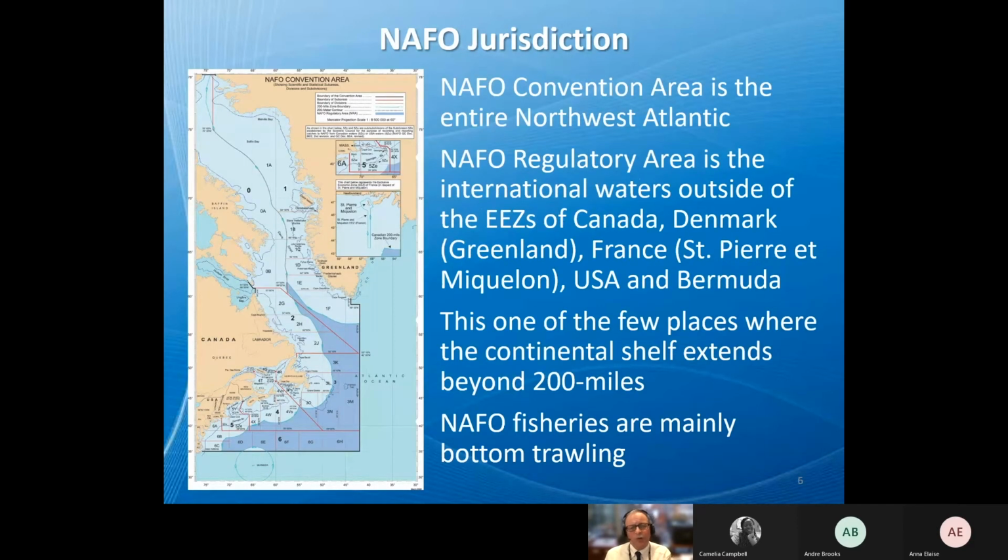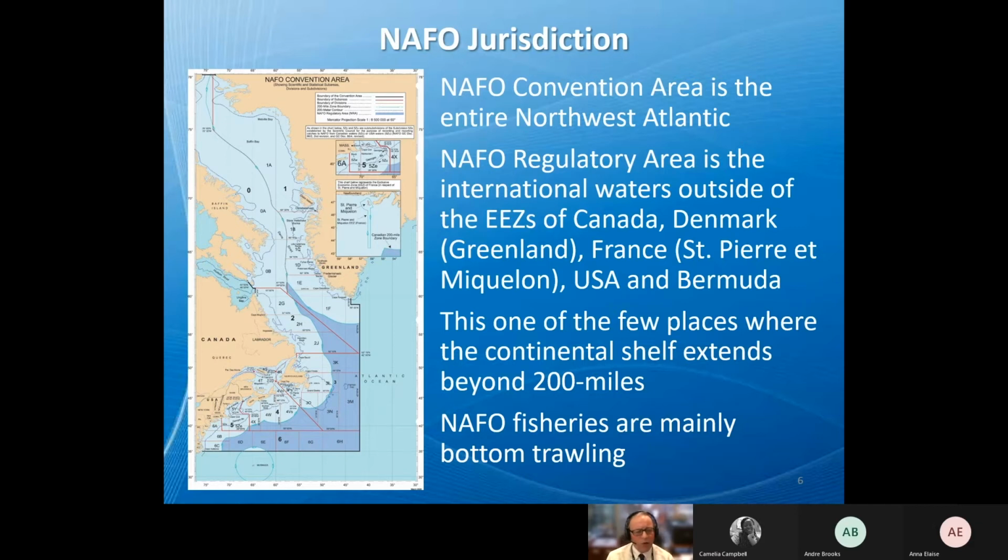Jurisdiction: the NAFO convention area is the entire Northwest Atlantic. And as you see, you draw a line down from the tip of Greenland south, and then draw a line east from Cape Hatteras, and where they meet inside of that is the convention area. The NAFO regulatory area is the area outside the 200-mile limits of the coastal states, as you can see in this diagram.